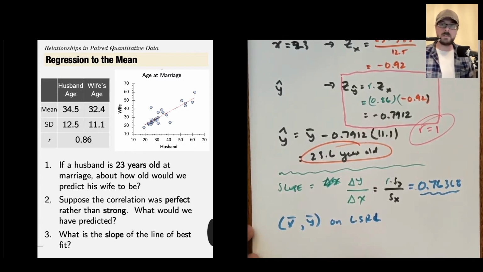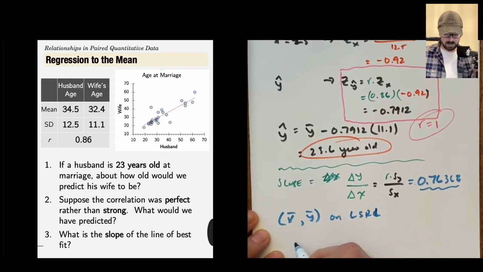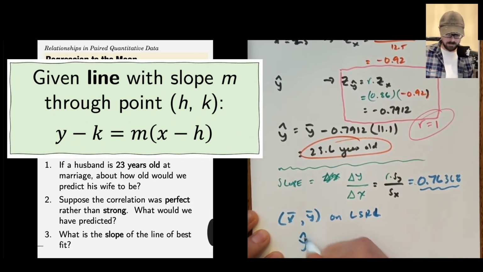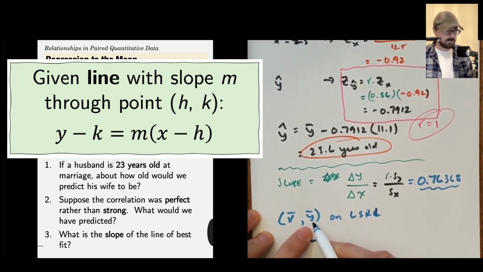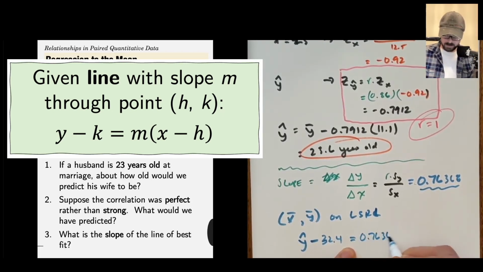I don't know, you guys remember how to do some Algebra 1, some point-slope kind of thing here. So we could say the predicted y value minus the mean of y, which in this instance was 32.4, should equal the slope, 0.76368, times parentheses, oops, parentheses that way.